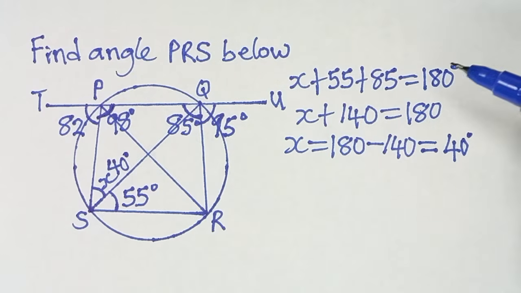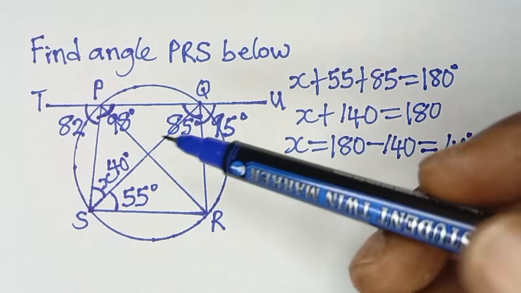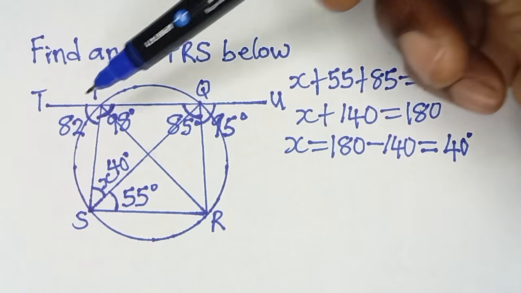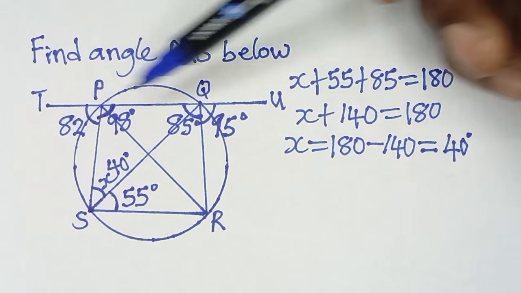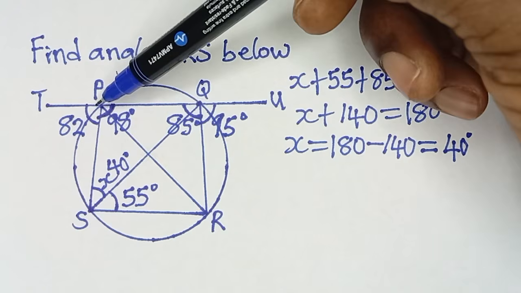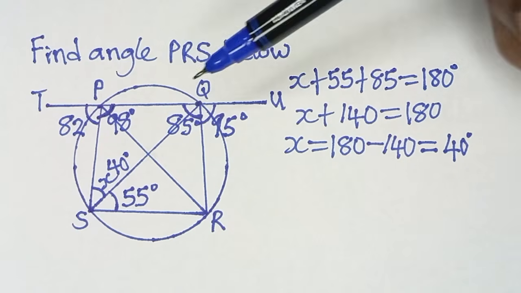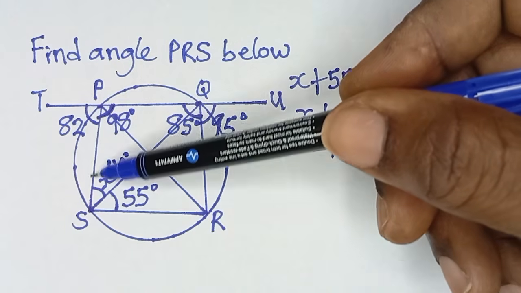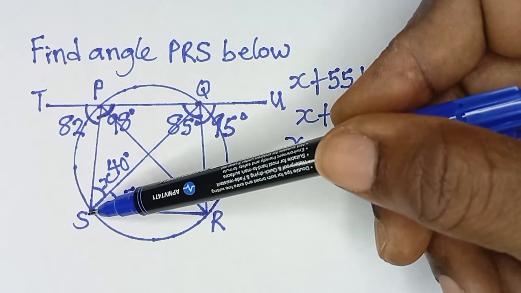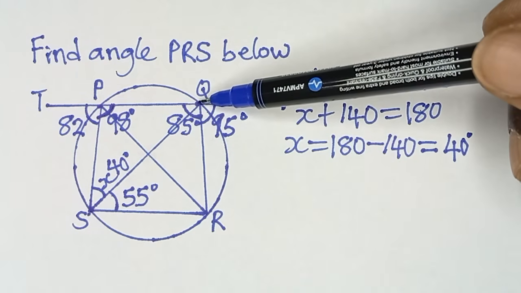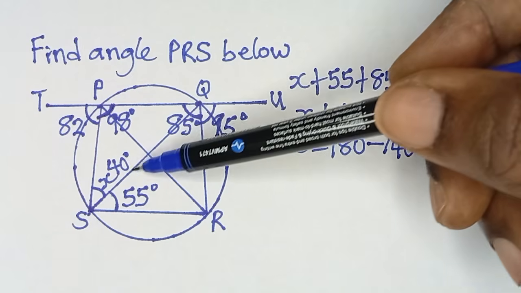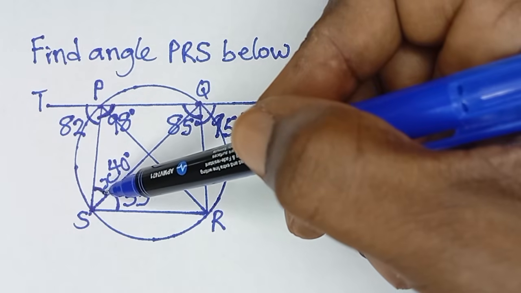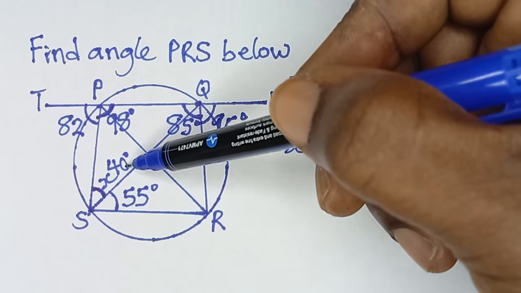X is 40 degrees. Now that we have this angle, the next thing we have to check is these two points, P and Q. I have these pairs of lines from P. I have a line coming to the point S, and from Q a line coming also to the point S. And the two of them form this angle X, which is 40 degrees.